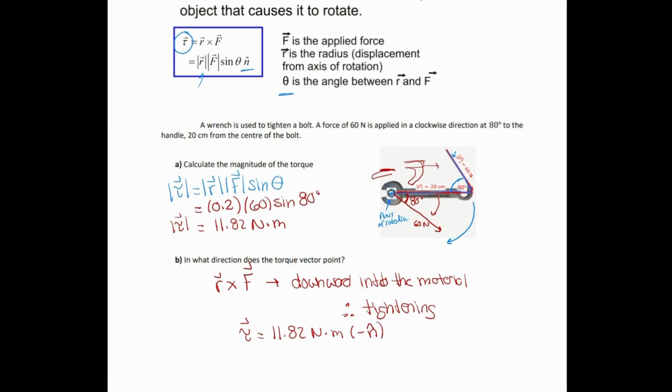And remember, it has a hat. I'm going to just put this negative out in front. So it's negative 11.82 Newton meters perpendicular to the two forces that are acting on it. So that's how we would solve this. And this negative just means that it's going into the material, not out of the material.